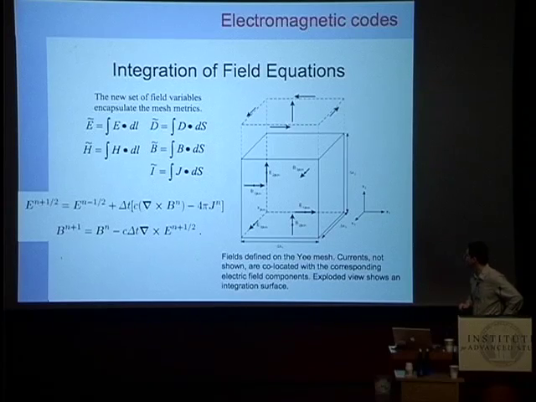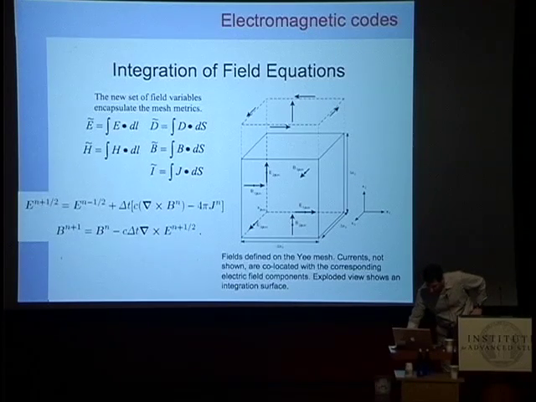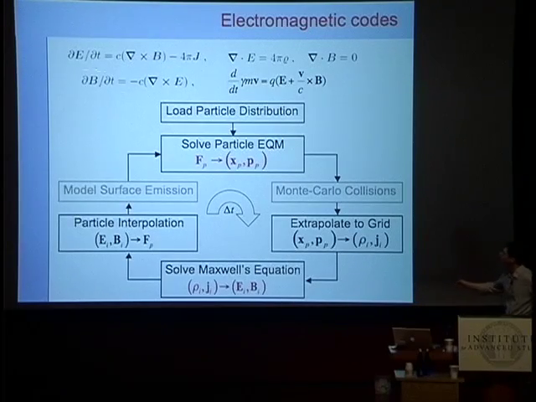The reason is that Maxwell equations are very easy to reformulate in terms of circuit integrals. Let's look at the original Maxwell's equations again. So imagine you integrate this over an area.